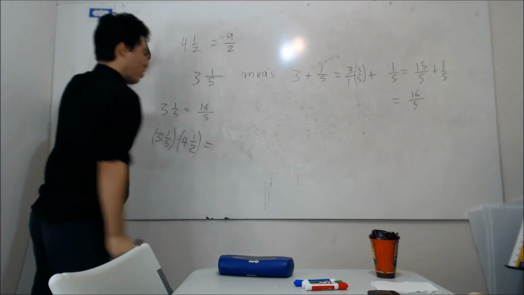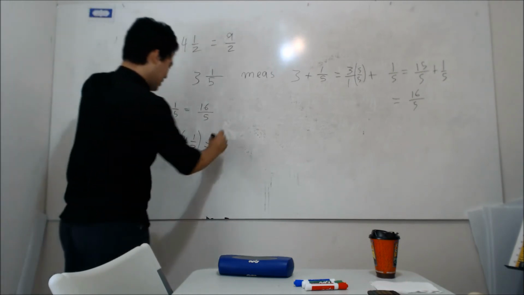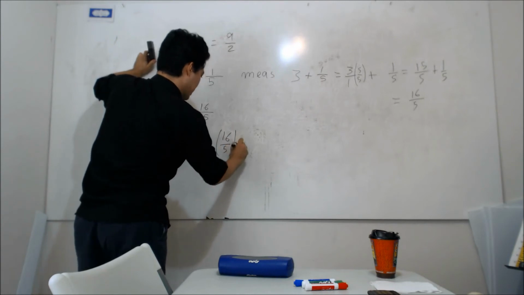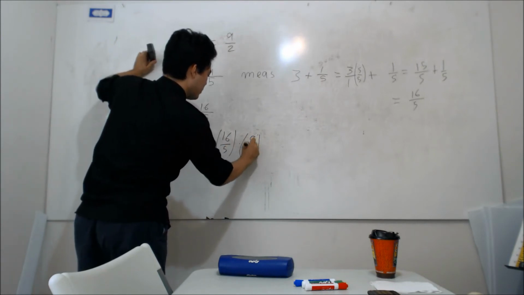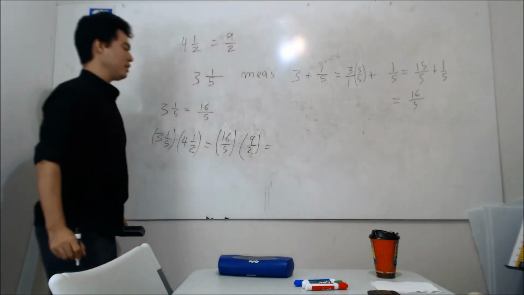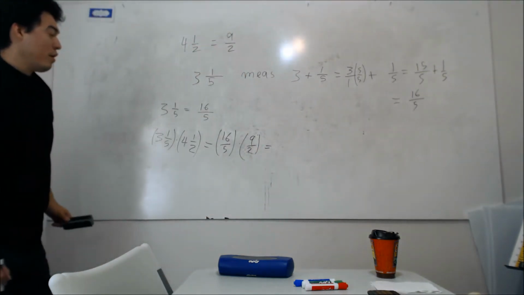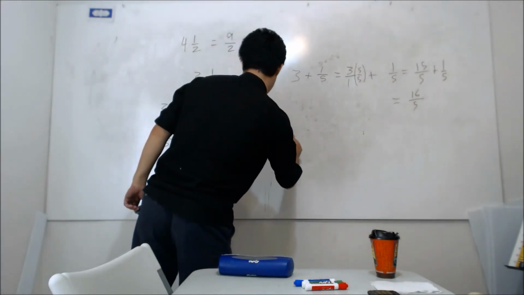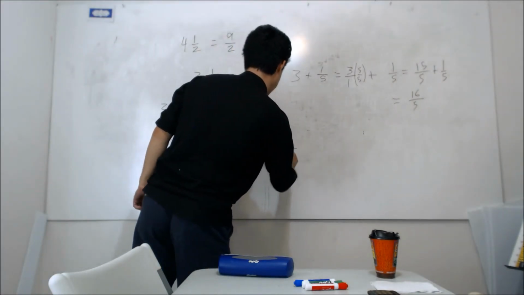I just get their improper fraction form, which is 16/5 times 9/2. And I get that 16 times 9 is 144. And 5 times 2 is 10.